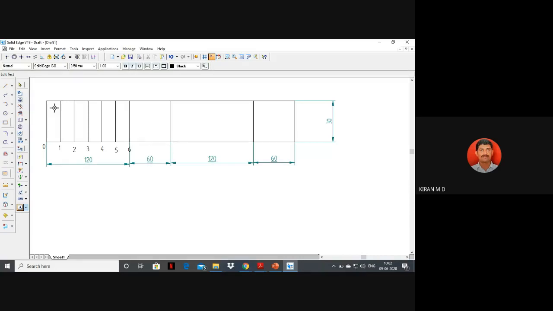Okay, now I divided into 6 parts. So now you should remember, this is uniform acceleration and retardation. For example, if it is uniform velocity, I will start here and we will end here.